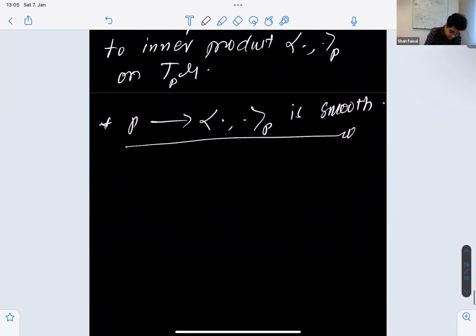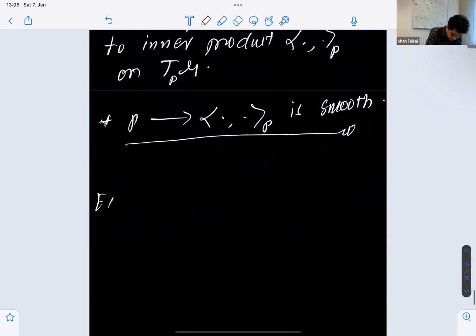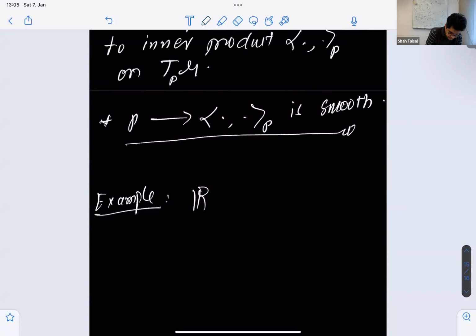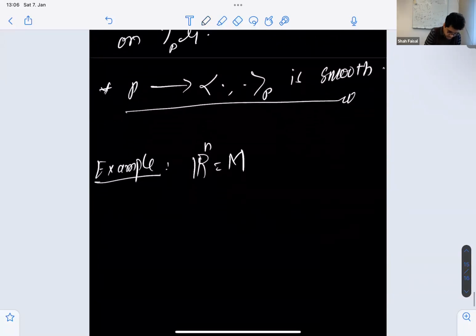A simple example would be, let's say the Euclidean space is your manifold M. Take the standard inner product. You have basis vectors, and if you can define it for those, you can define it for any vector.